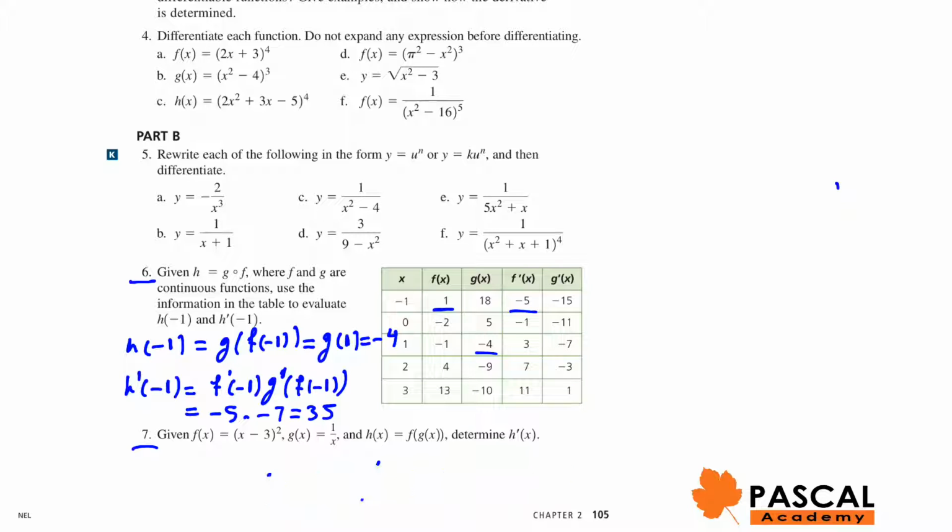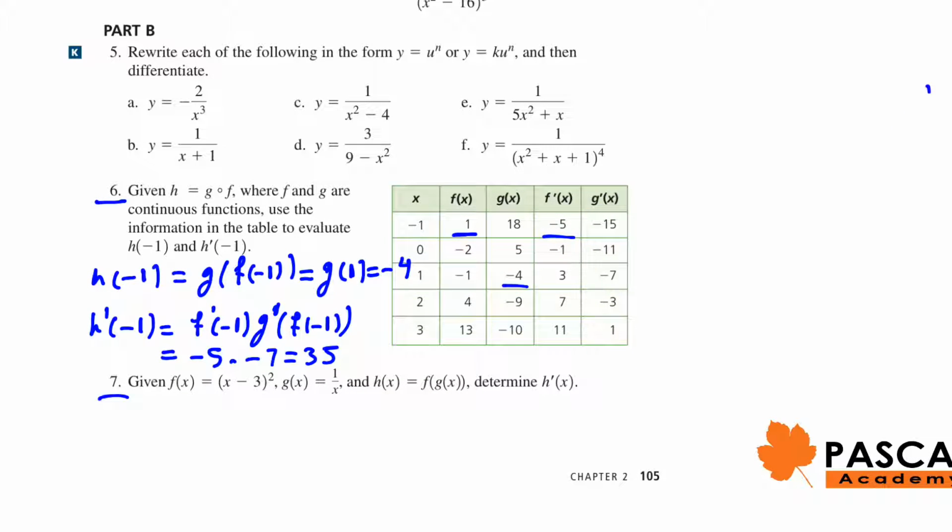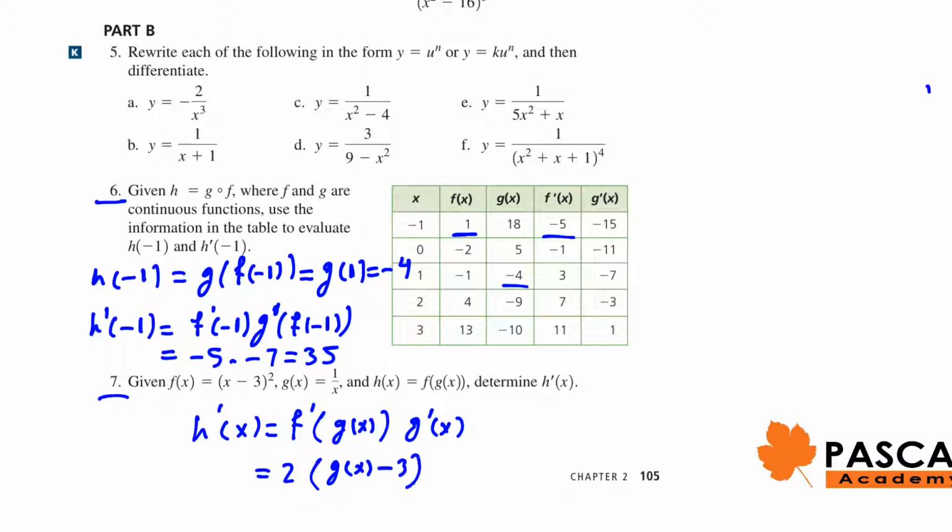Next question, we are looking for derivative of f of g of x, which is f prime of g of x times g prime of x. f prime of x is 2 times (x minus 3), so it is 2 times (g of x minus 3) times g prime of x.